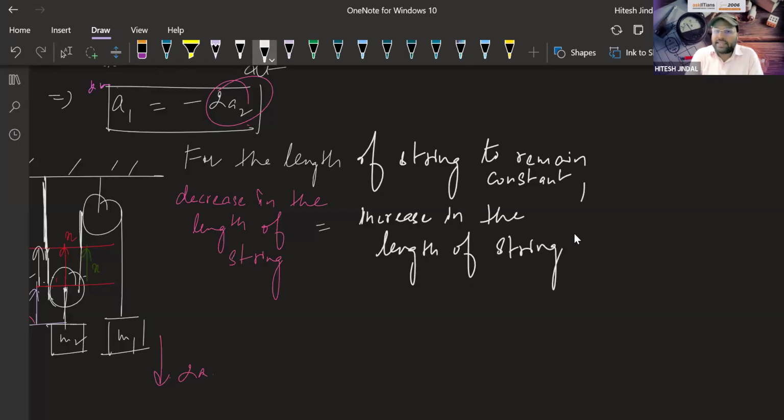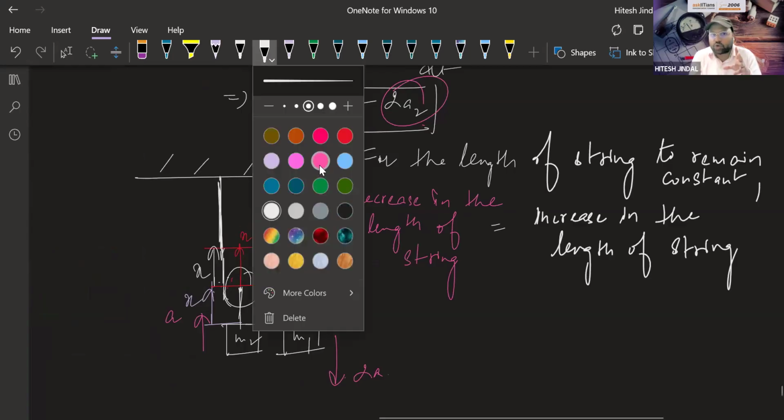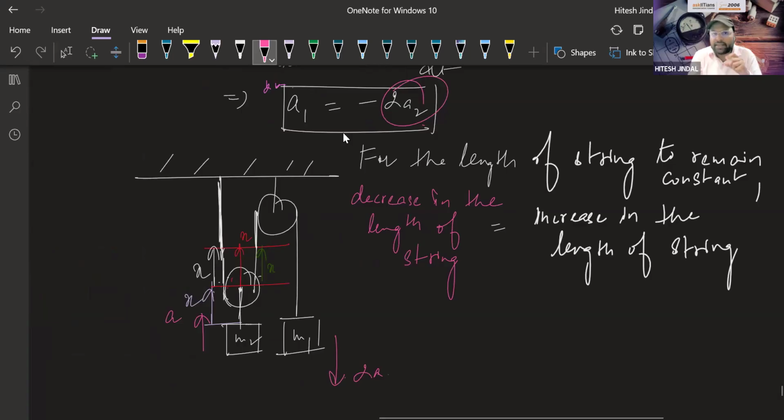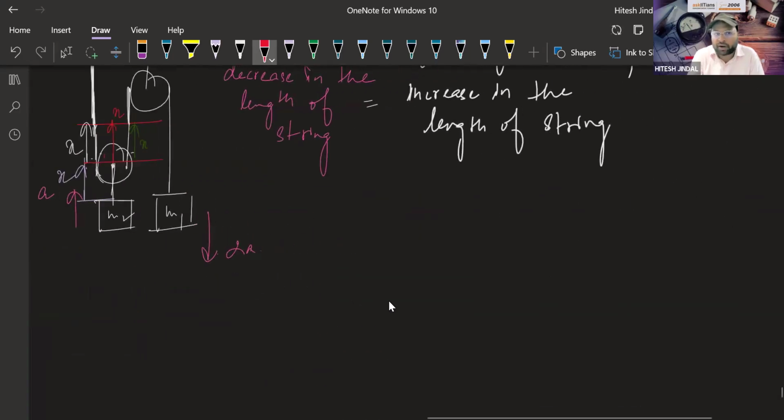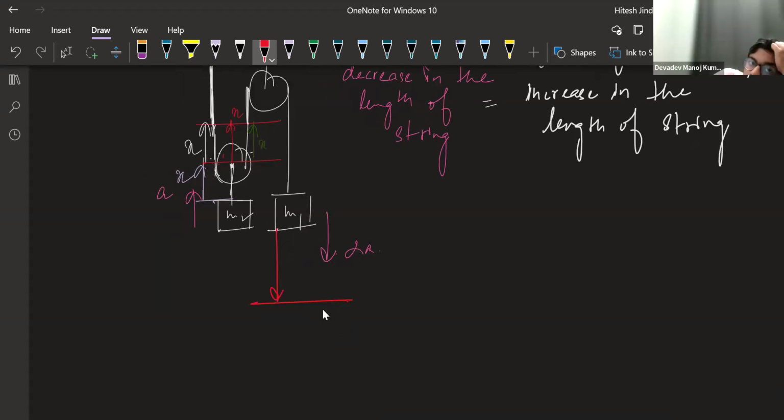So the decrease in the length of string is happening due to the movement of M2, because M2 is going up. So if M2 is moving x distance, then the decrease in the length is 2x. Then that decrease has to be compensated by the increase in the length by the movement of M1. So if M2 is going x up, M1 has to move how much down? 2x down.